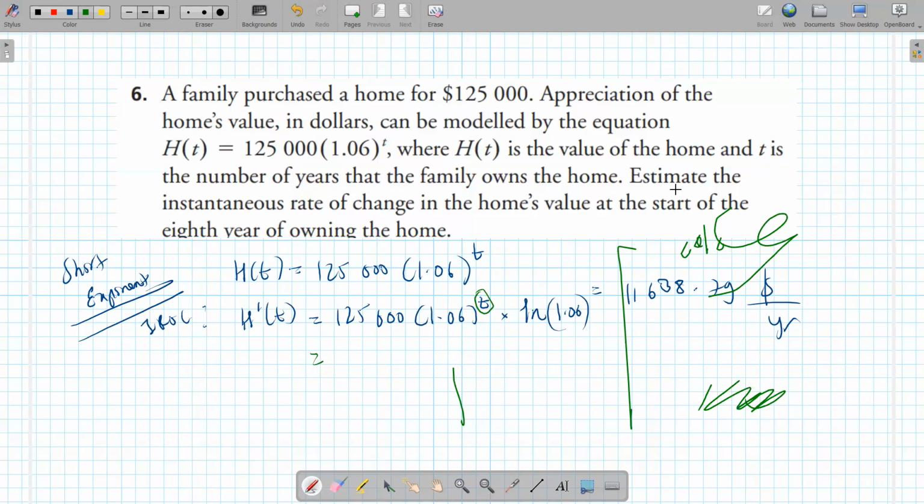I got 11,608.97. Come on, work with me. So it's not a big deal. I mean, the difference is like 0.2-ish, but this is the more precise answer compared to the calculator approach. Did that make sense?